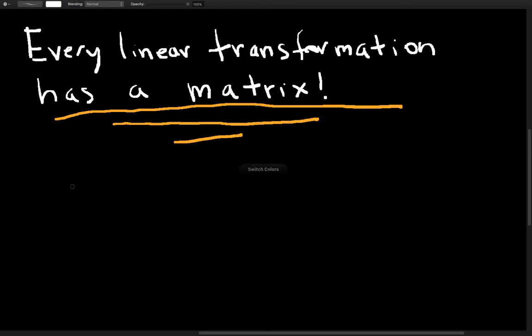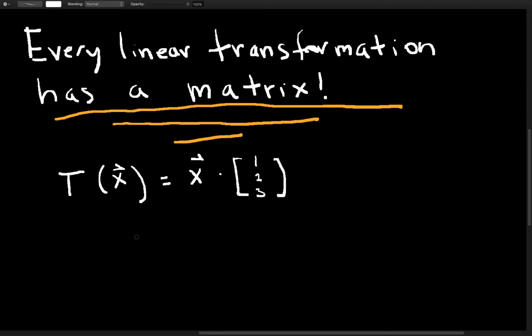So what would be the matrix for a dot product? This transformation, T of x equals x dotted with (1, 2, 3), can be represented by this matrix, just [1 2 3].